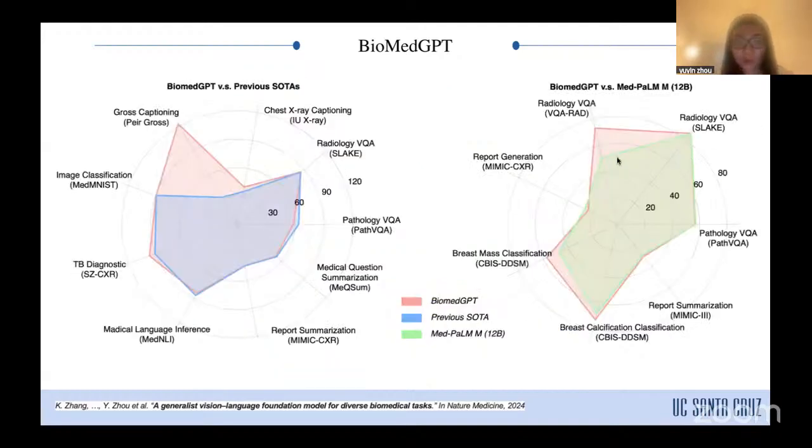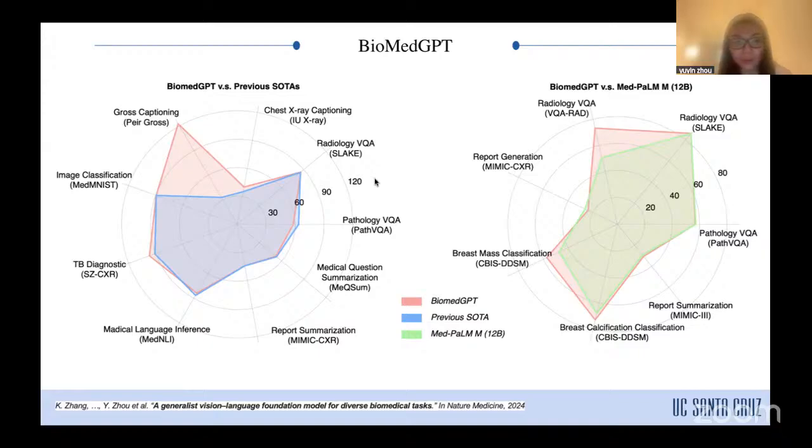So these were our results. We compared with a lot of previous state of the art on different tasks like gross captioning, chest X-ray captioning, radiology VQA, image classification, question summarization, pathology VQA, and many other tasks.